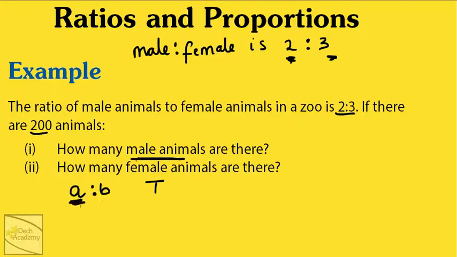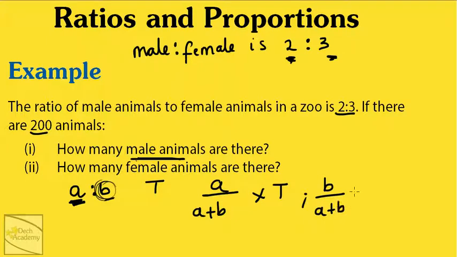If you want to find the number of items relating to A, all you have to do is say A divided by A plus B times T. If you wanted to find the number of items relating to whatever B represents, you just do B divided by A plus B times T.